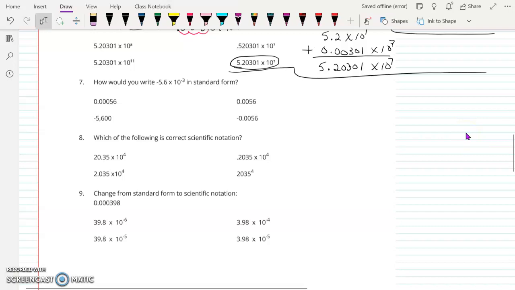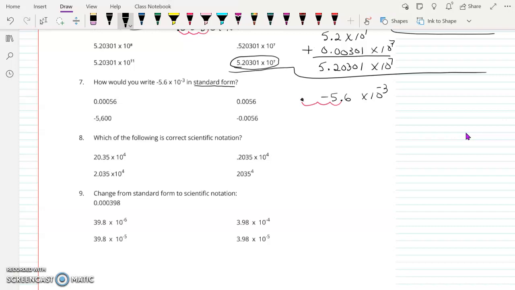So a quick review of standard form. We talked about this earlier in the week last week. Standard form is a number without exponents. So if we take negative 5.6 times 10 to the negative 3, and we put it in standard form, we would need to move this decimal 1, 2, 3 places to the left.